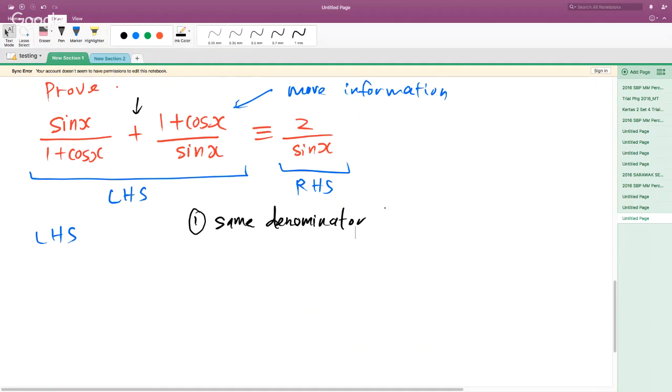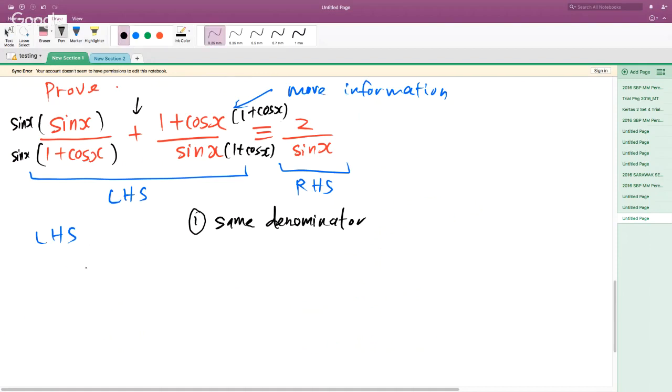This one is over sin x, this one is over 1 plus cos x. So I want to make sure both of them have the same denominator. This one, I will multiply by sin x, and for this one, I will multiply 1 plus cos x for both. Because this is a fraction, you need to add fractions. This one is always your first step.